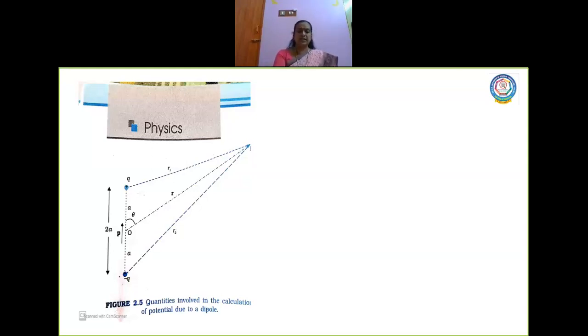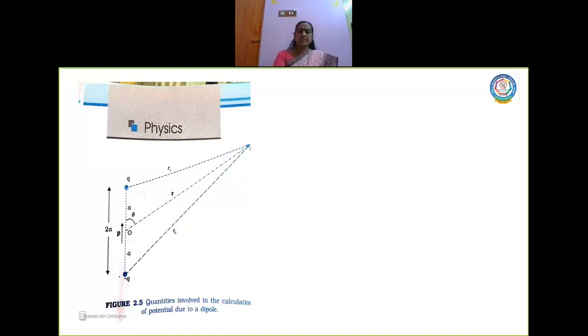Here in this diagram, this is a dipole, plus Q and minus Q. They are separated by a distance 2a, and from plus Q to O is the semi-length of the dipole, and O to minus Q is also the semi-length of the dipole.